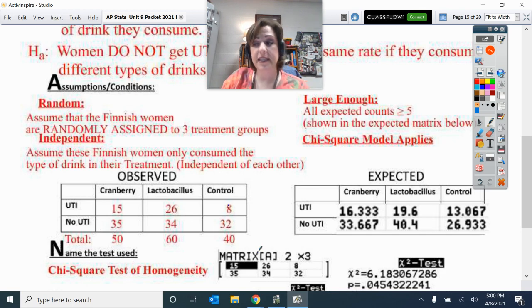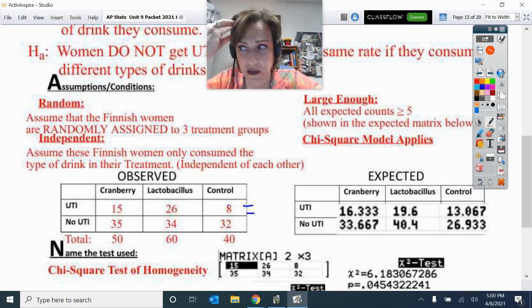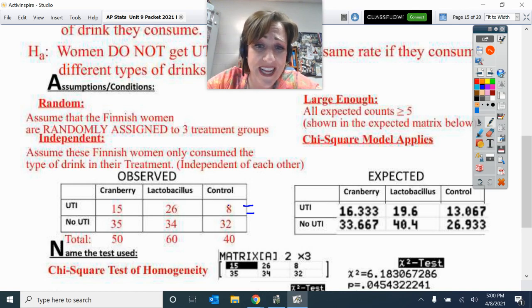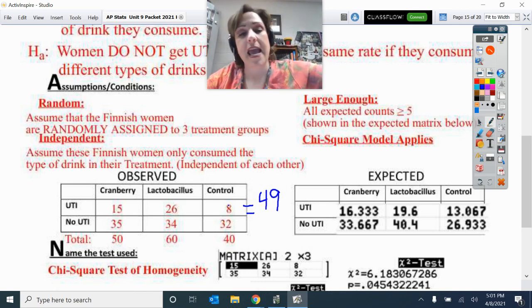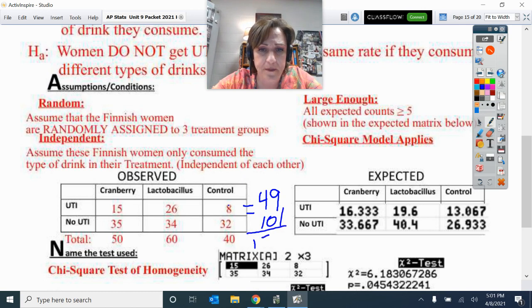To do that, we take the total of our UTIs. What is that? 15 plus 26 plus 8. So that's 41. Is this 49? I don't know because I'm bad at adding and subtracting. And then whatever that would leave us with. So 99, 101. Is that okay? Which, yay, that's 150. Okay.